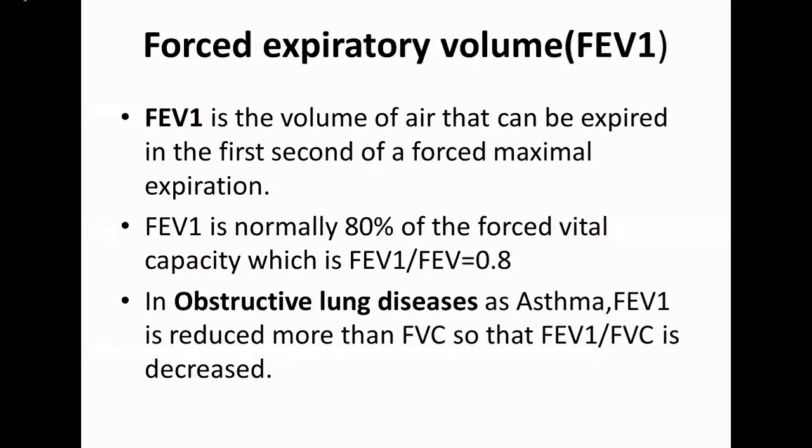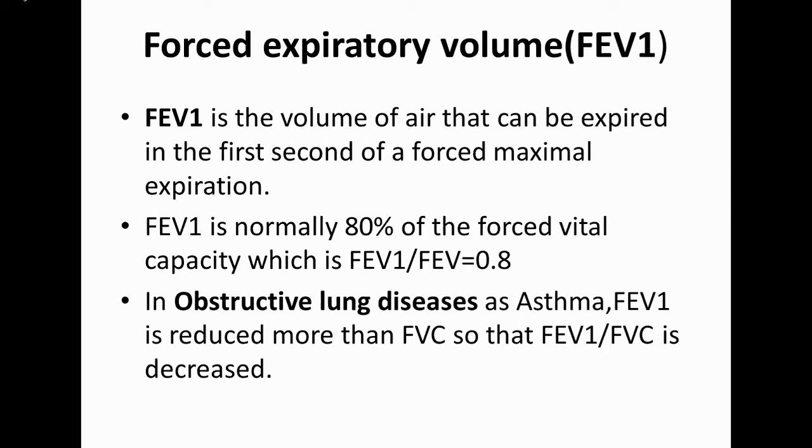Then this slide is showing you the forced expiratory volume 1. This is a very important parameter, and it is the volume of air that can be expired in the first second of a forced maximum expiration. So during expiration, we are calculating it.